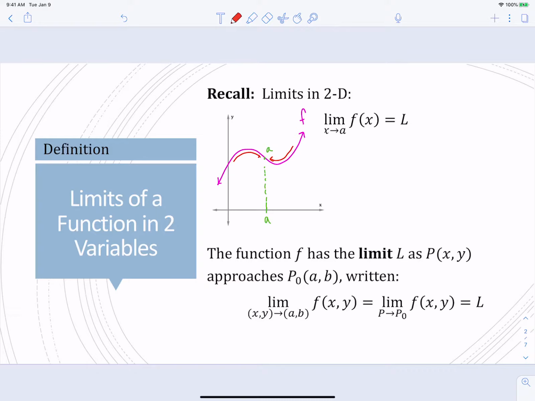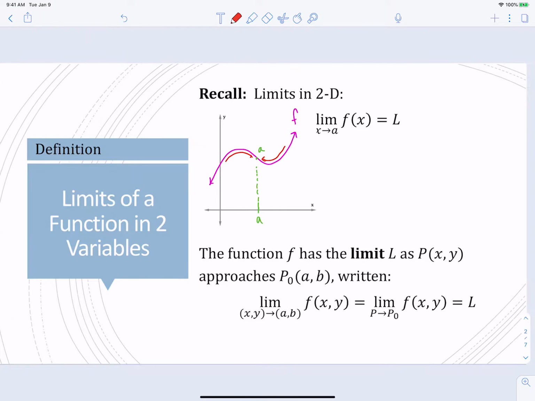And so our definition in 3D is written down below here. We've got function f and it has a limit L. And so instead of just getting closer and closer to some value A, we're going to get closer to some point AB, because remember we're talking about this three-dimensional function where we're plugging in that ordered pair and we're getting out a single value, our height, our Z value.